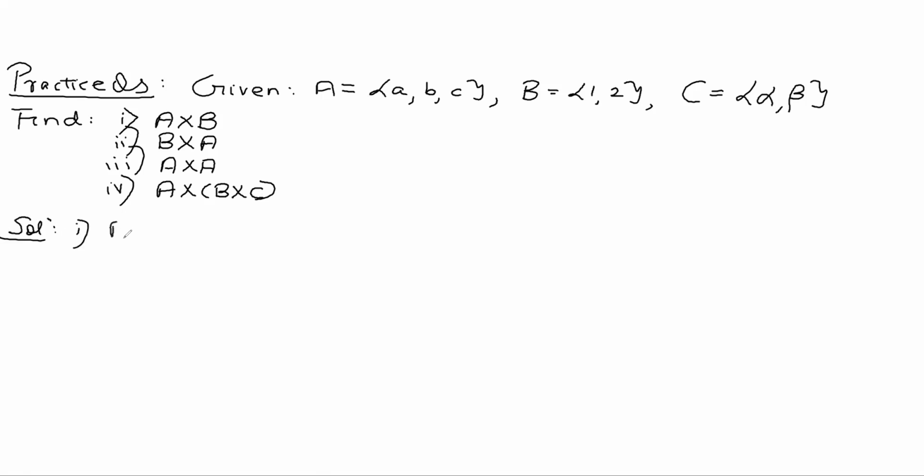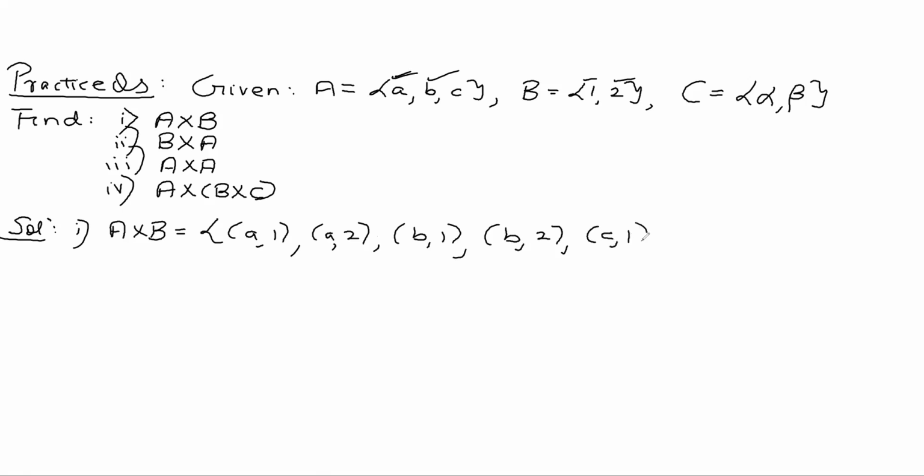The Cartesian product of A with B will be, starting from A: (a,1), (a,2), (b,1), (b,2), (c,1), (c,2).